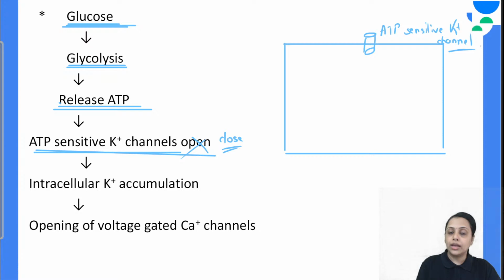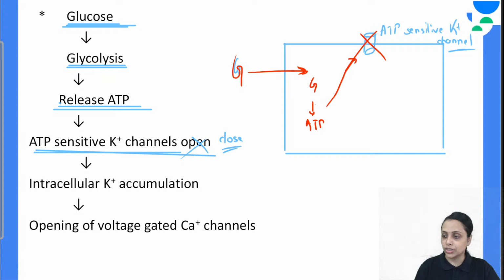When there is glucose in our blood vessel, this glucose diffuses and reaches the pancreatic beta cells. In the beta cell, glycolysis will occur and ATP will be released. This ATP is going to cause the closure of the ATP sensitive potassium channel. Due to the closure of the ATP sensitive potassium channel, the potassium efflux will stop. So potassium will start accumulating inside the cell.